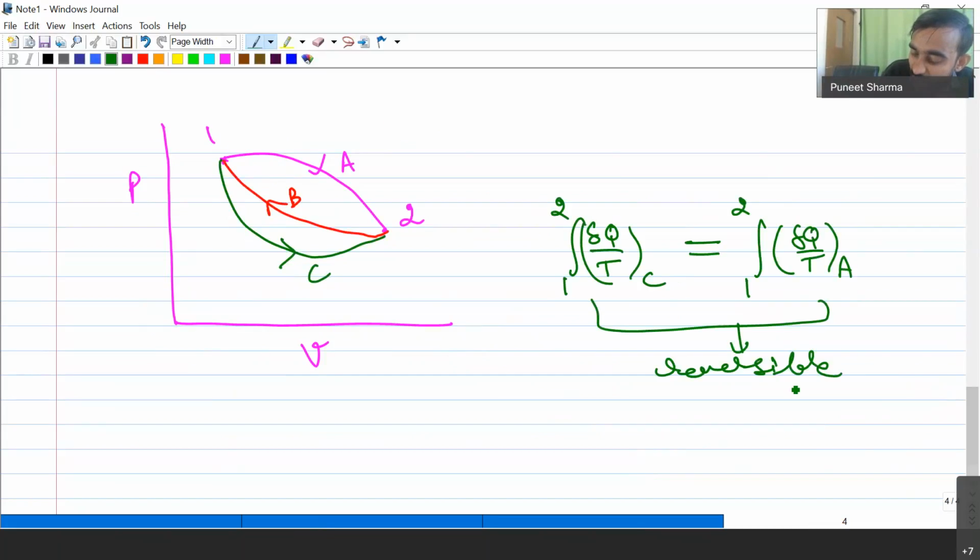Okay. So we have got this from the Clausius inequality only.